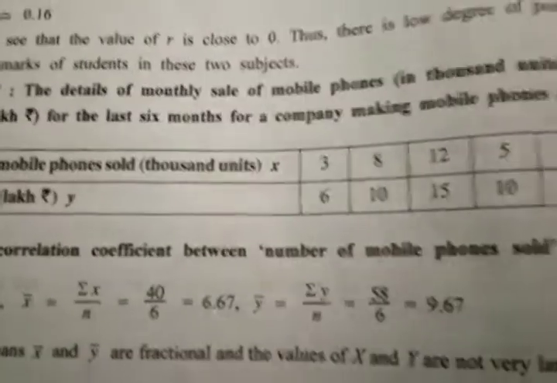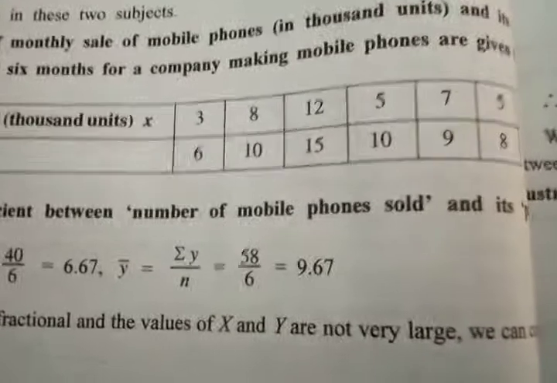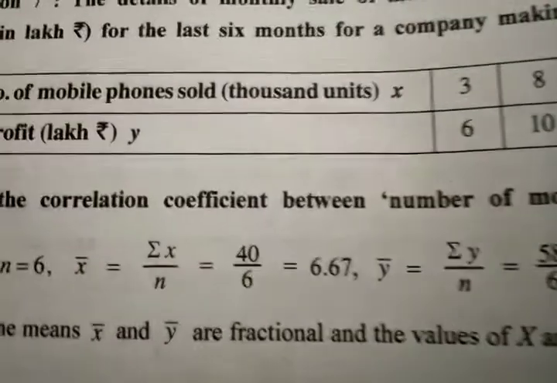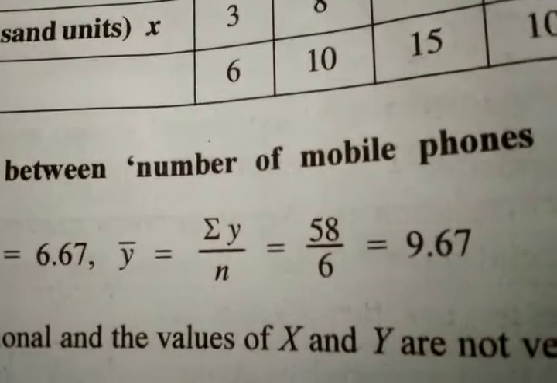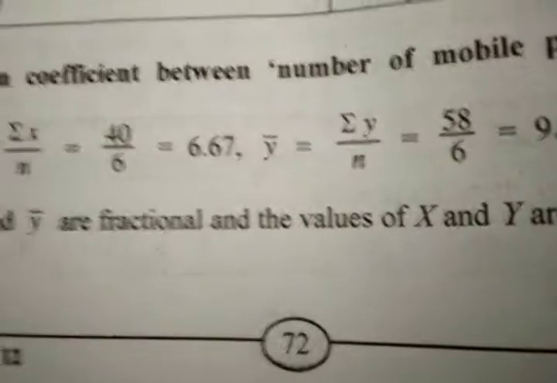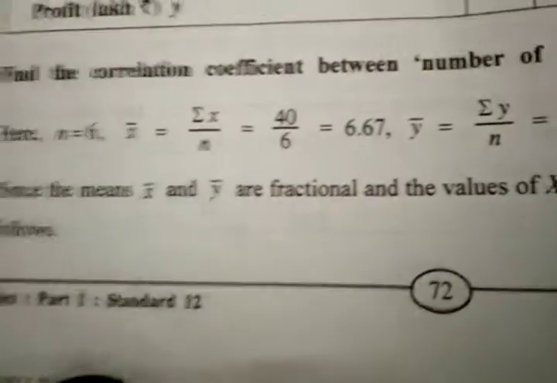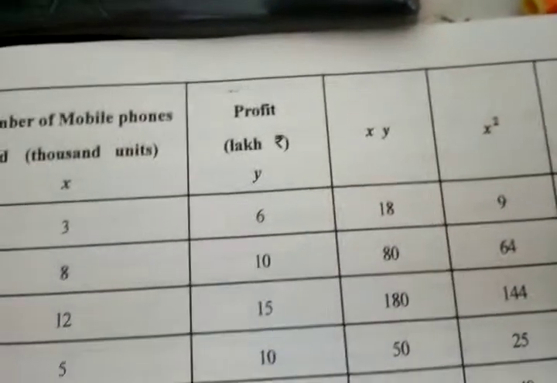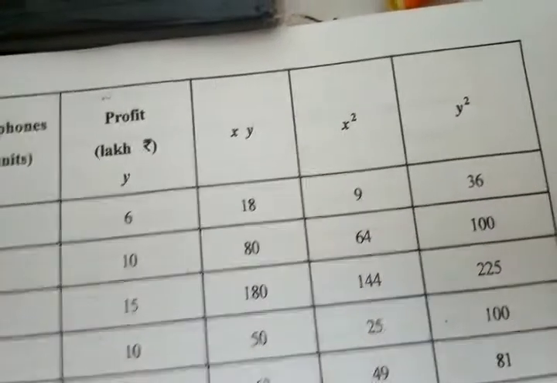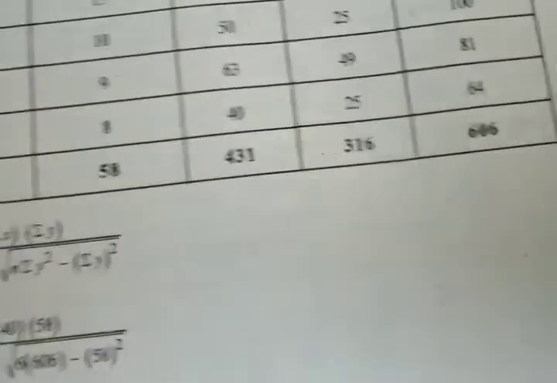Now we are given another case. Just try to find the means. The mean of x is 6.67 and y bar is 9.67. That means they are not integers, they are decimal values, and as these are not integers, we can directly apply the xy method. Here we need x and y, x into y, x squared and y squared, only 3 columns besides the variables, and get the summation of those values.